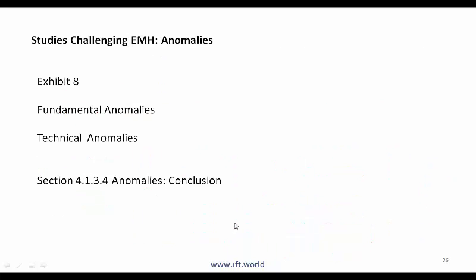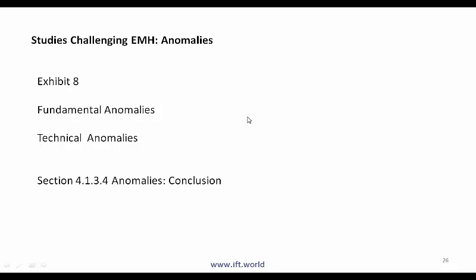Alright, now are there studies that have shown that the markets are not efficient? So lots of people have done lots of studies, and some of those studies show that the efficient market hypothesis does not hold. So when some person who is reasonably well known does a study and publishes a study showing that the efficient market hypothesis does not hold, what is that called?